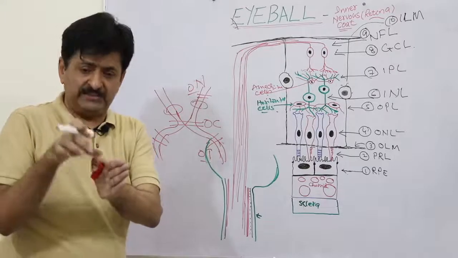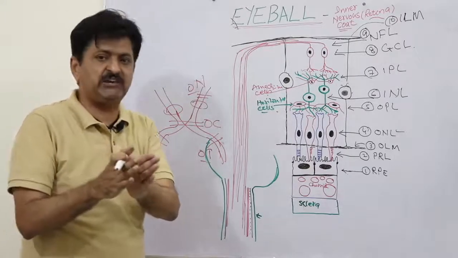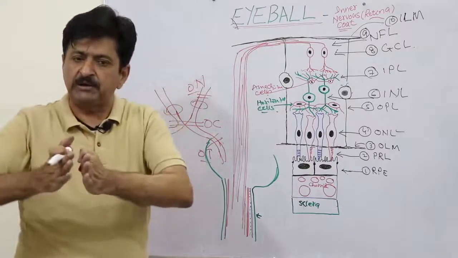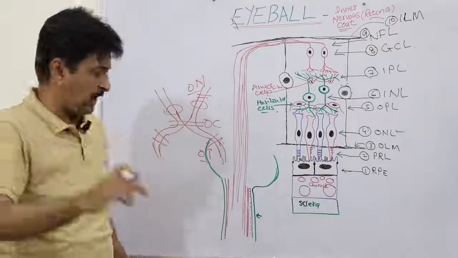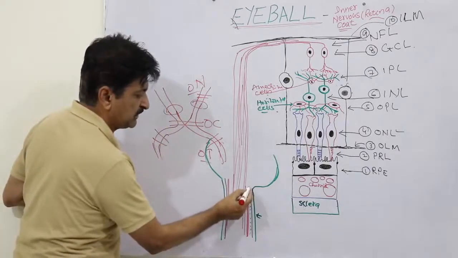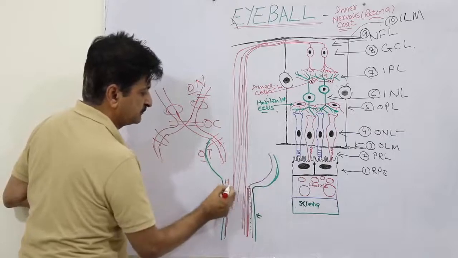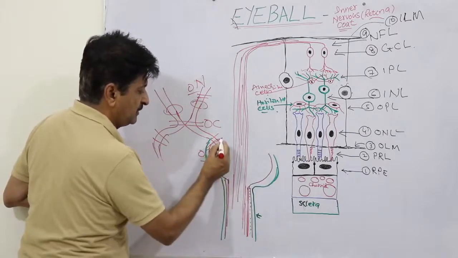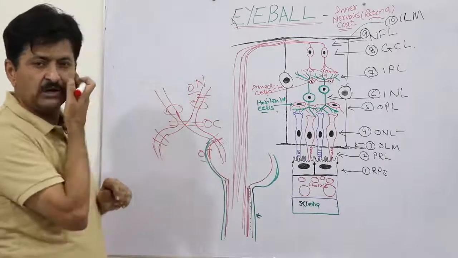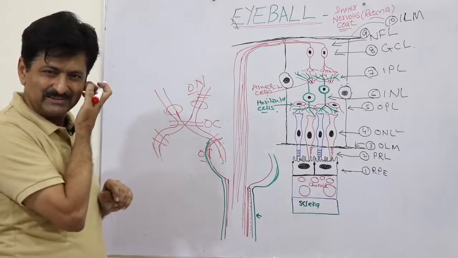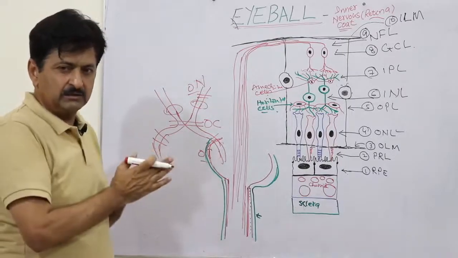Everywhere it is true, between that is the subarachnoid space, but once it becomes a part of the eyeball, they will become fused here. There is a single layer, and that single layer will become continuous with the choroid.